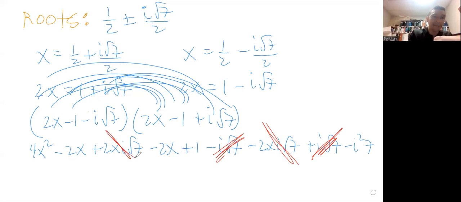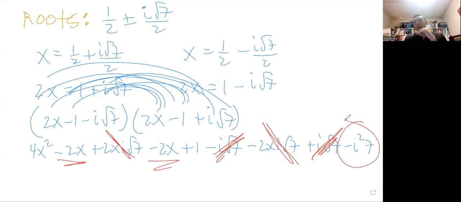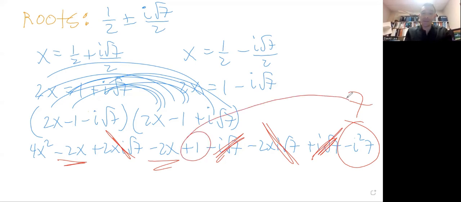And then what combines? This one combines with that. And what about this guy? i squared is negative 1, so negative i squared is positive 1. And then positive 1 times 7 is just 7 in the back. And that 7 combines with the 1 to give us back 8.